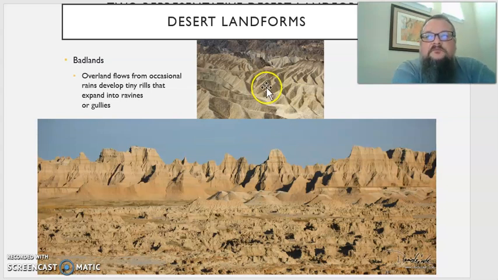But for our purposes, this type of landscape is formed by lots and lots of erosion of relatively soft material, leading to lots and lots of rills, and lots of small watersheds, which is neat to see because it doesn't rain much there. So it's a very alien sort of landscape.